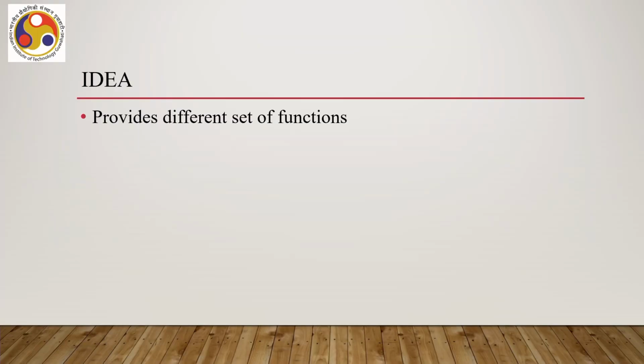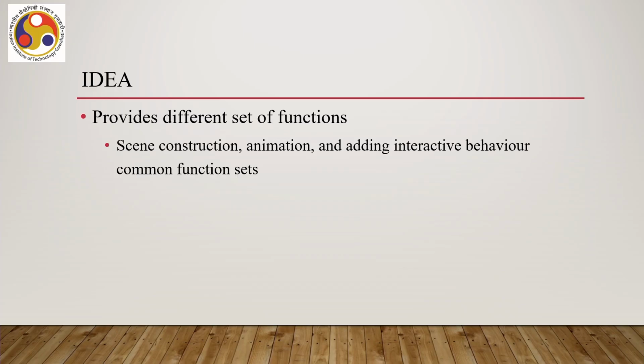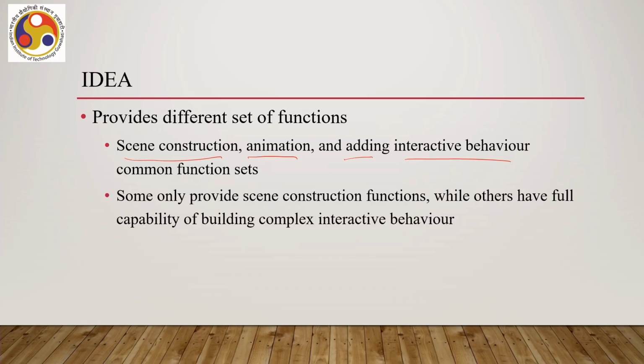And these authoring tools provide different sets of functions, as is obvious. They support scene construction, animation, and also support adding interactive behavior. These are typically the common function set supported by such standalone authoring tools.